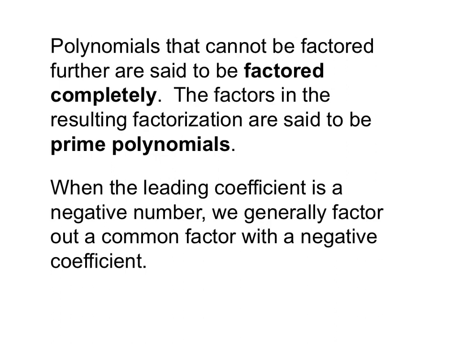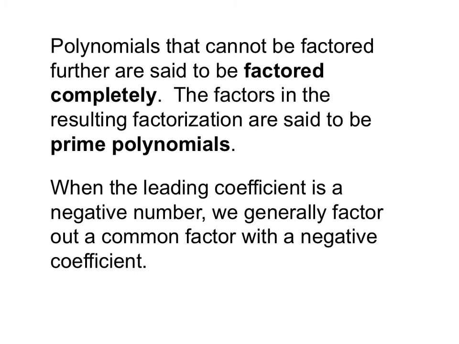All right, polynomials that cannot be factored further are said to be factored completely, which you will see some of on the homework. The factors in the resulting factorization are said to be prime polynomials, because you can't factor anything. When the leading coefficient is a negative number, that's true. When our leading coefficient is negative, we usually yank out a negative as part of the greatest common factor, even if it was just a negative 1.